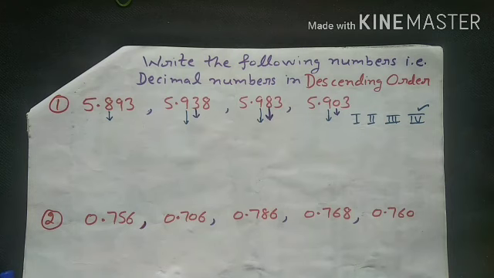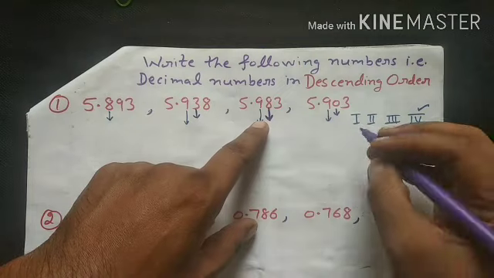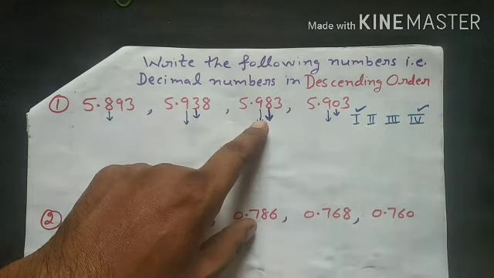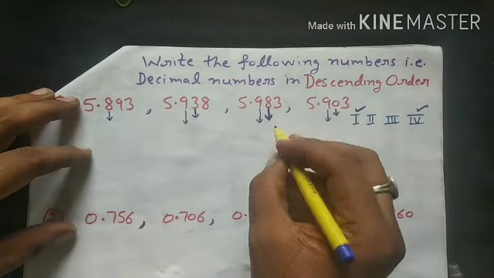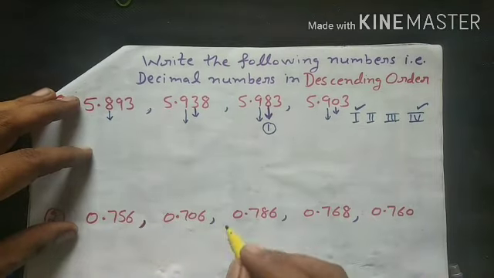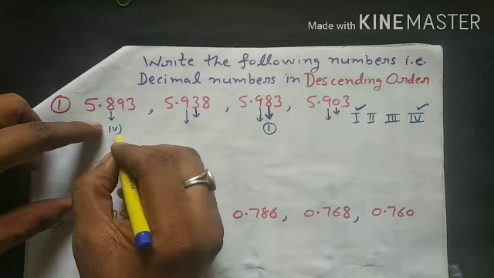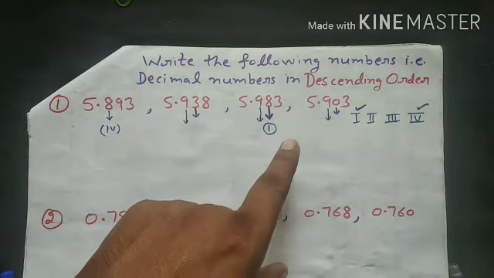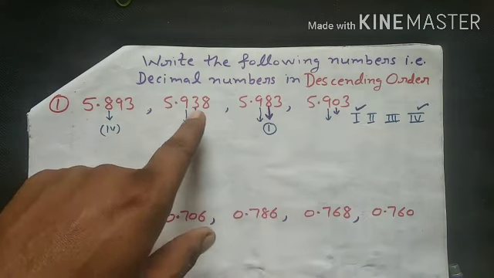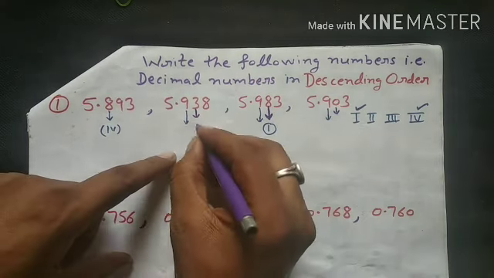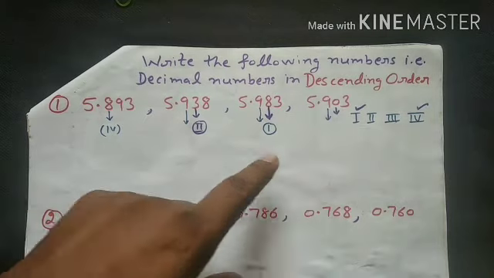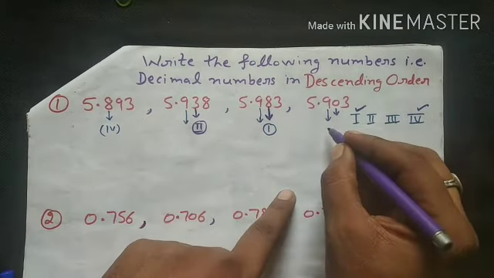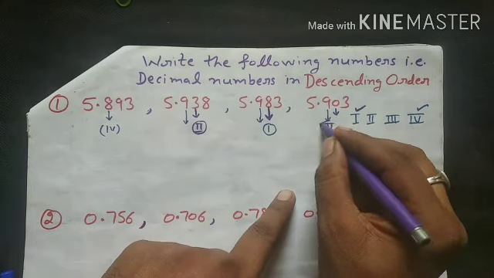So with these marks we can decide which one is greatest. The second one is greatest, so I have occupied the first position for this number. So I will mark now, this is at first position and this is at fourth position. Okay student, now which is smaller than 8? That is 3, so it will occupy the second position. And what is the rest? This is on the third position.